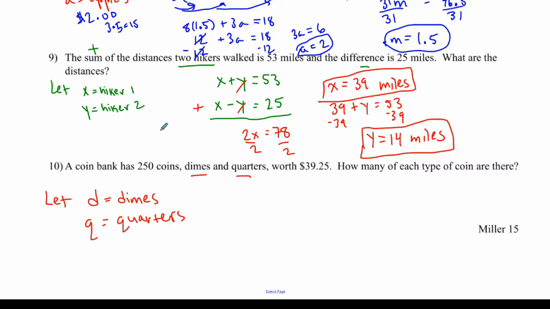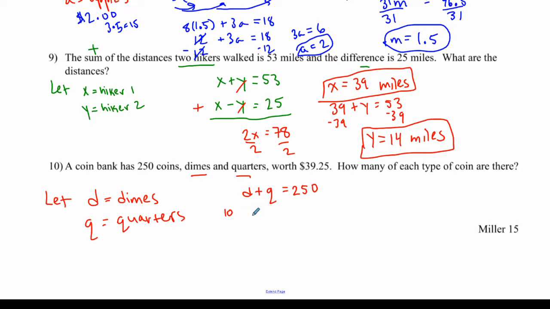Okay. Now there's 250 coins. If we add up the dimes and the quarters, we get 250. If you add up their values, they're worth $39.25. So we have dimes, which are worth what? 10 cents.